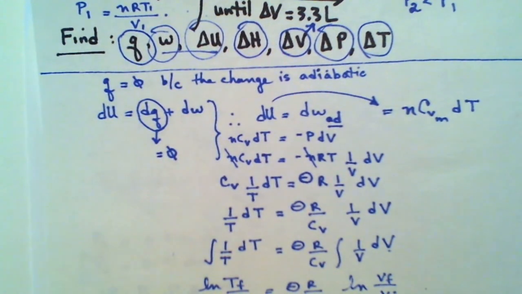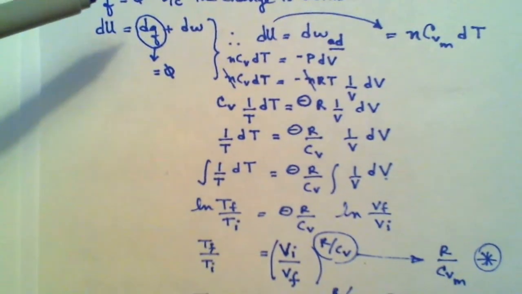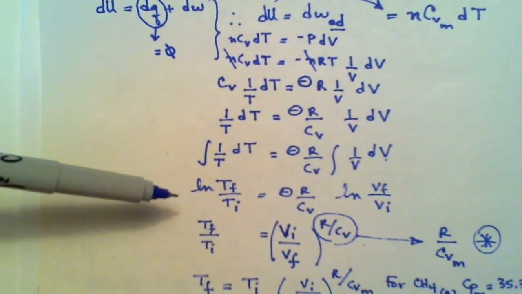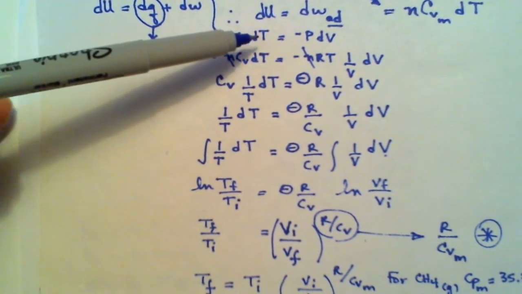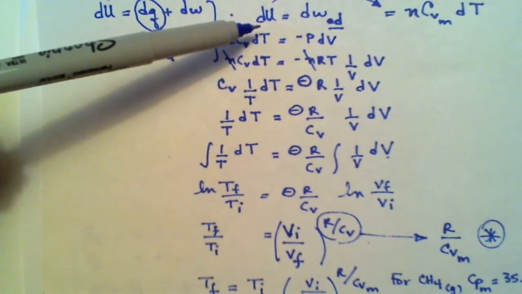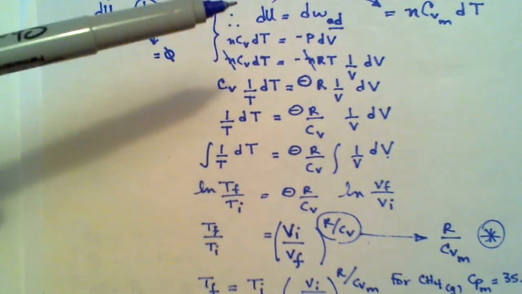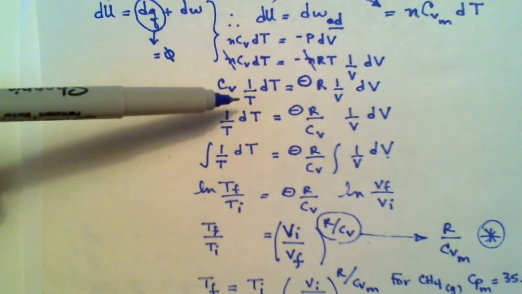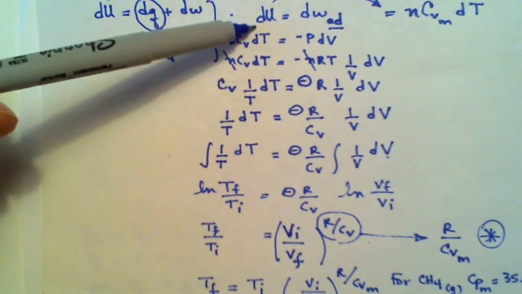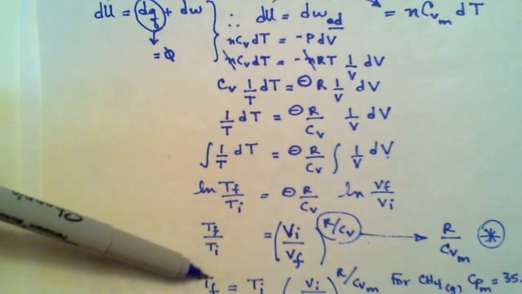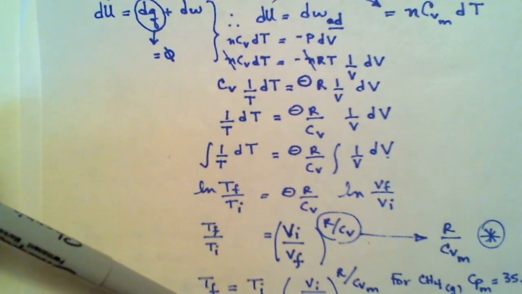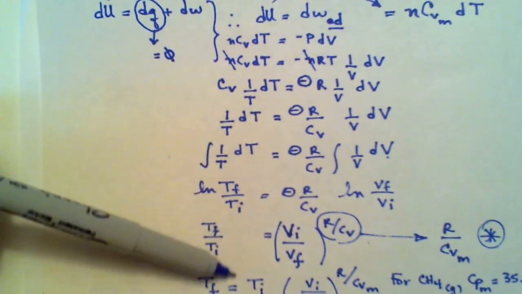But remember, there's one formula that we're not using here, and that's V final, which is equal to V initial times the temperature ratio to the CV over R. So they're so close, and that's why I've asked you to be your own source of information here. And so I've actually said you are responsible. Okay, if you are asked to, starting at the first law statement, show what the formula for T final is, or show what the formula for V final is, you have to be able to do that.